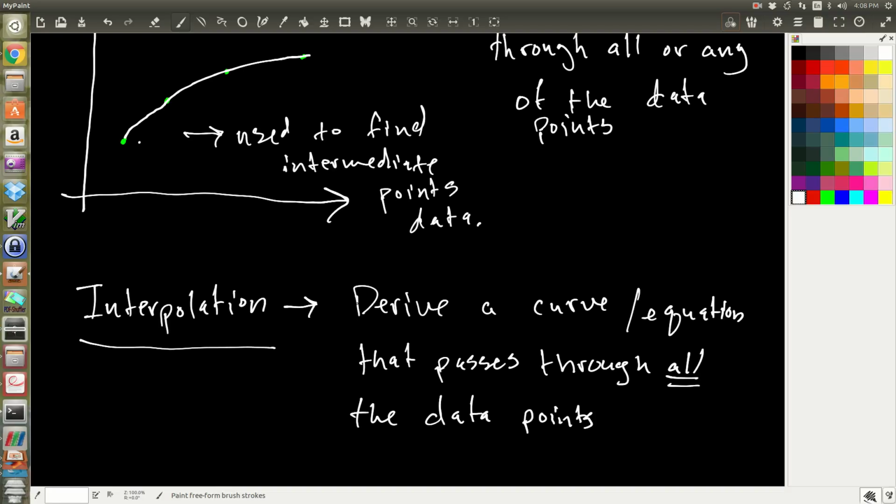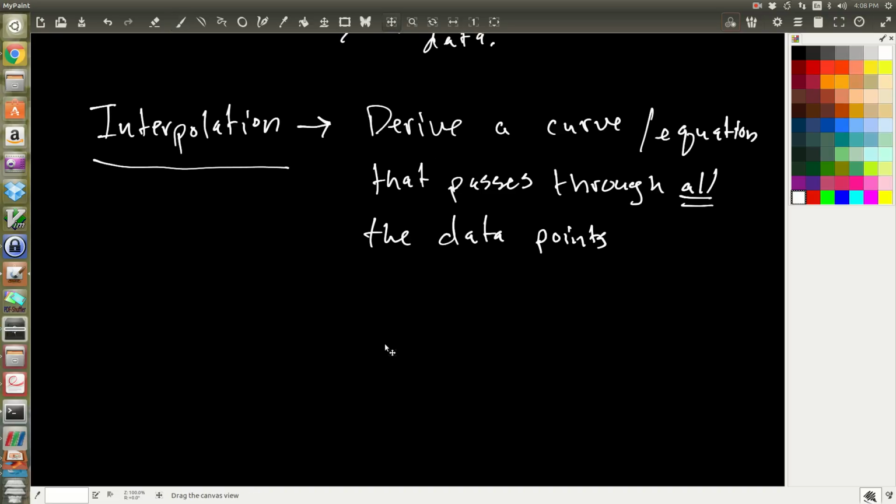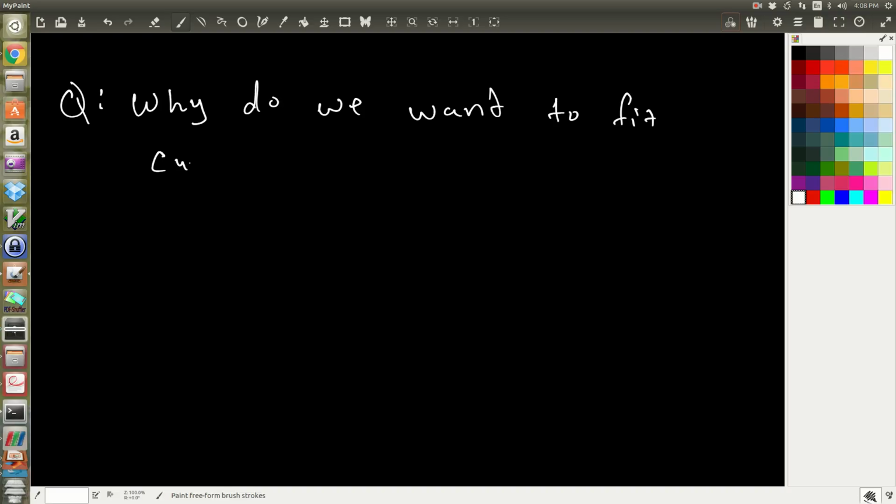Alright, now why is this useful? Well, this video is for an engineering class, so I'm going to talk in terms of engineering. So, question: why do we want to fit curves to data, using interpolation or regression?